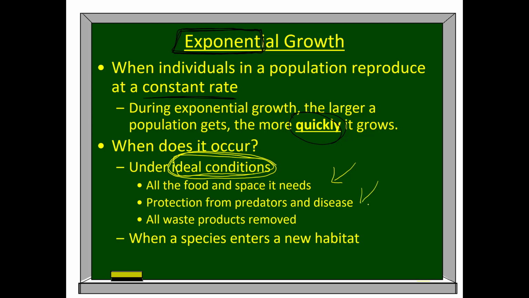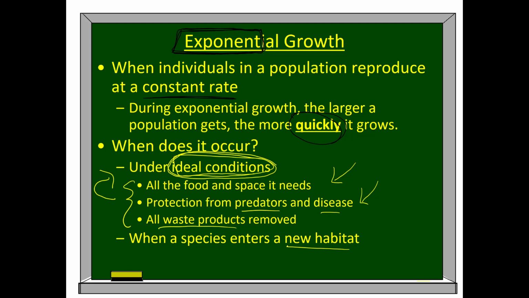Other factors are protection from predators and disease. There's no predators hunting you. There's no disease. There's no waste products, so you're not having any feces or any poor living environments. All of these things produce this ideal, perfect living condition that allows you to really focus on reproduction. Okay, a lot of times this happens if a species comes into a brand new habitat.